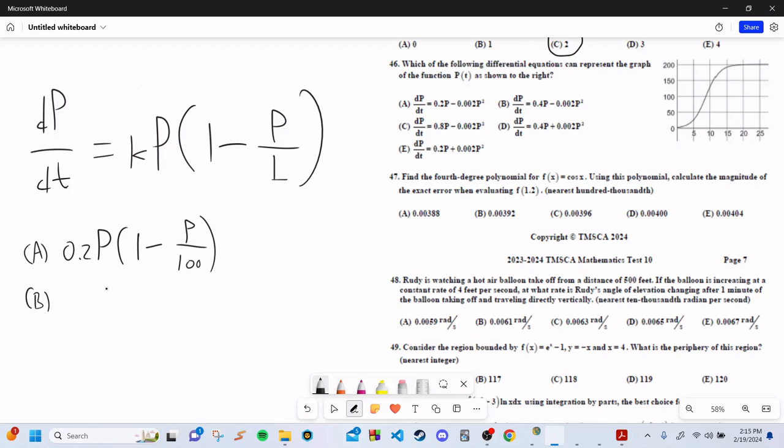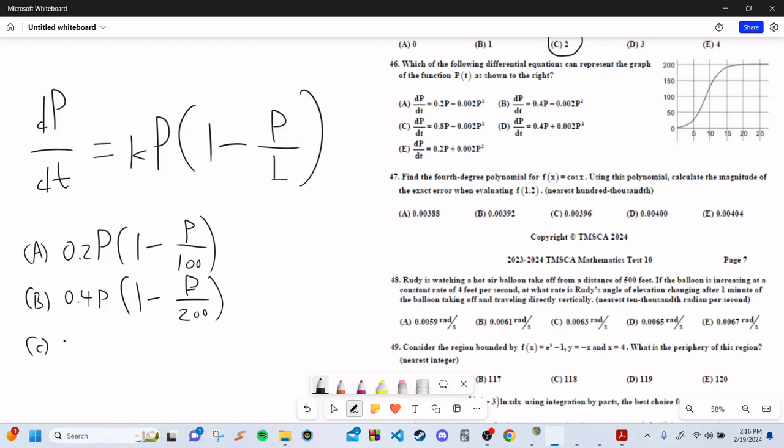B would be 0.4p times 1 minus p over, I believe, 50? Or am I dividing wrong? Let me just double check right here. Oh yeah, I'm dividing wrong. I think that's 200.